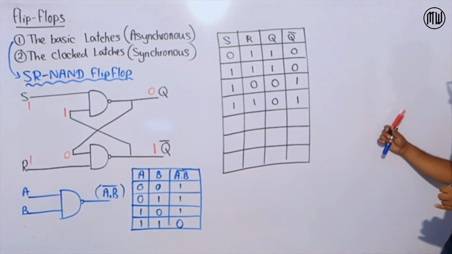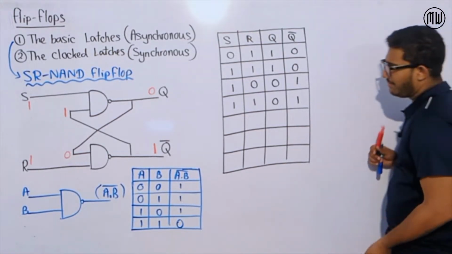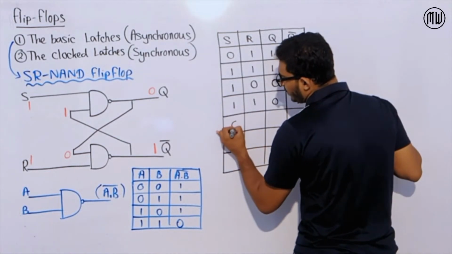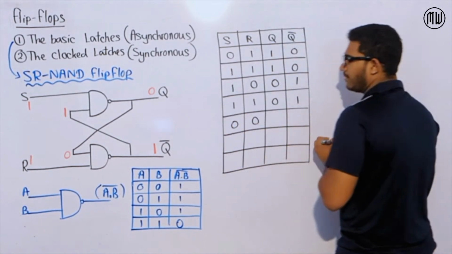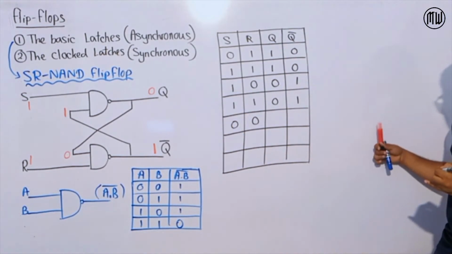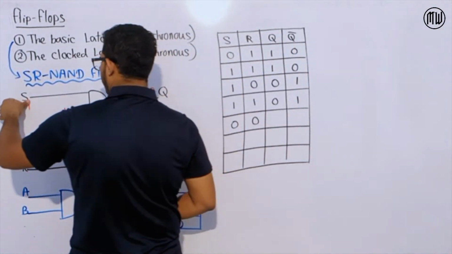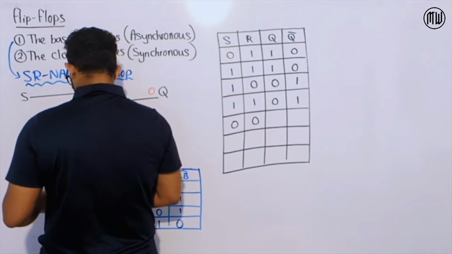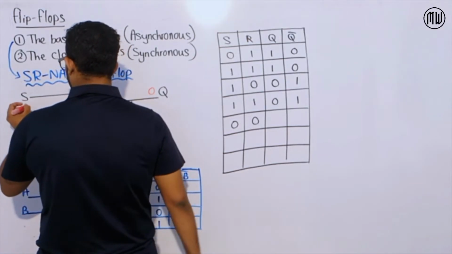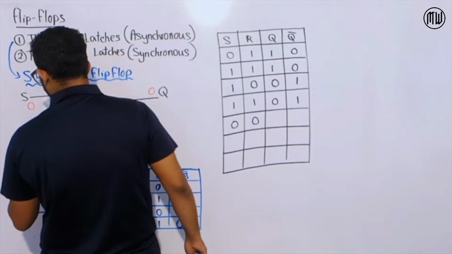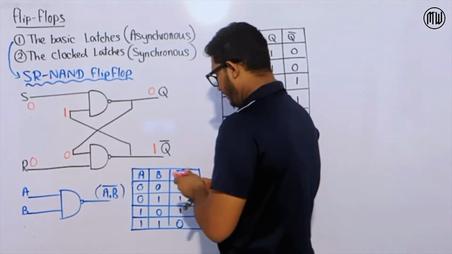Okay, 0 and 1. Next up, finally, I'm just going to put 0 and 0 and see what happens. We have 0, 0.